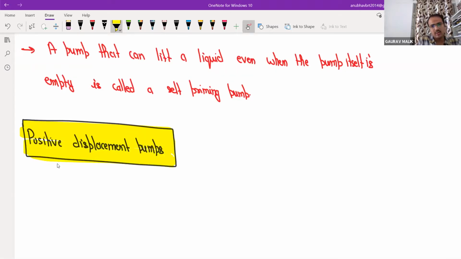A very simple example of a positive displacement pump is a hand pump.